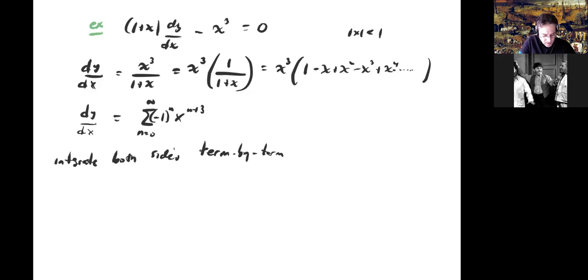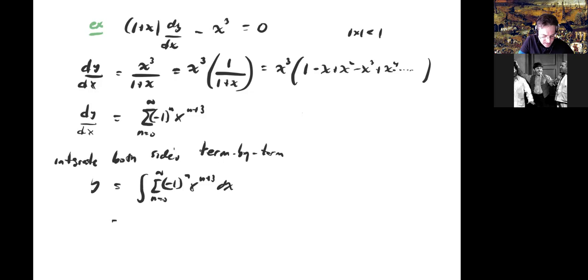So in other words, dy/dx is that. So y must be the integral of the sum, n equals 0 to infinity, (minus 1) to the n, x to the power of n plus 3 dx. Well, what is that?